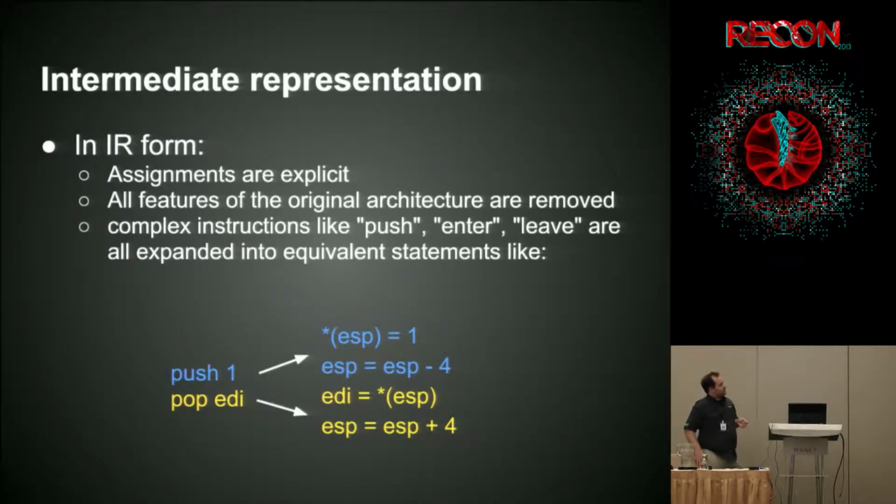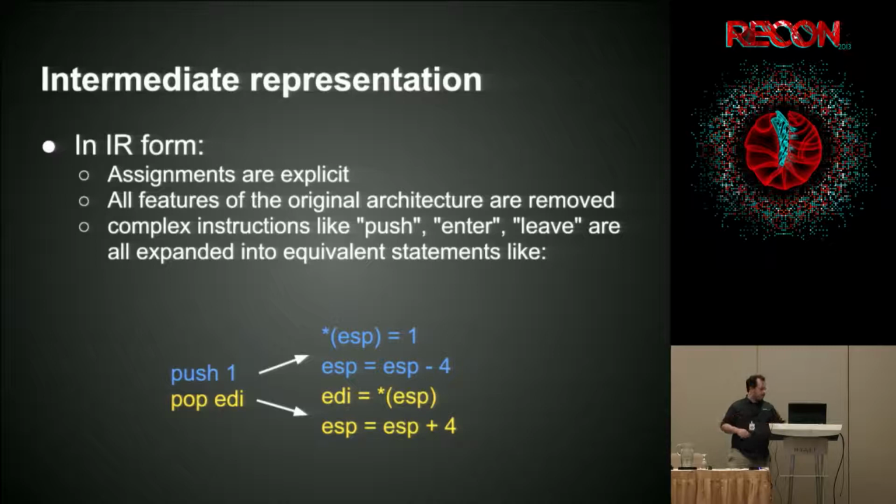Also the complex instructions are expanded into their alternate form, like expressions. So you have a push here. That's actually an assignment on the stack, and adjusting the stack pointer. So you have everything expanded.